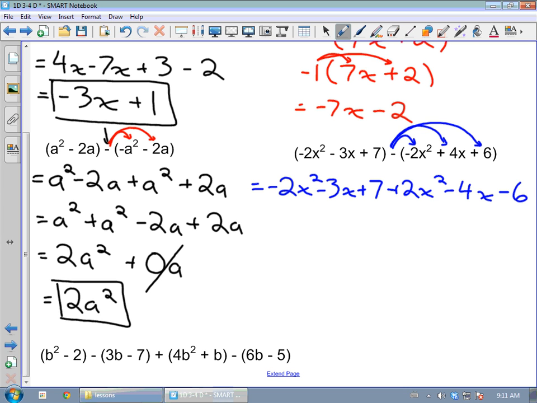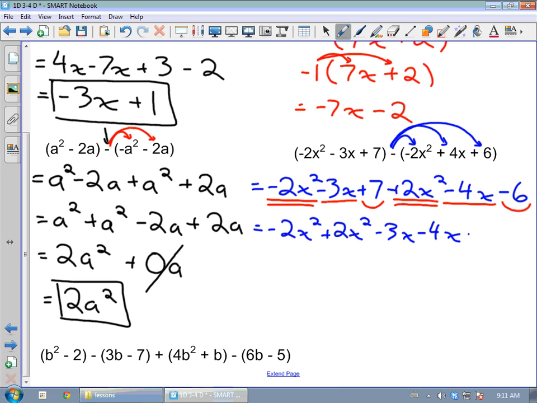So our like terms are going to be negative 2x squared and 2x squared, negative 3x and negative 4x, and then 7 and negative 6. So I'm going to move them so that they're next to each other. Minus 3x minus 4x plus 7 minus 6.